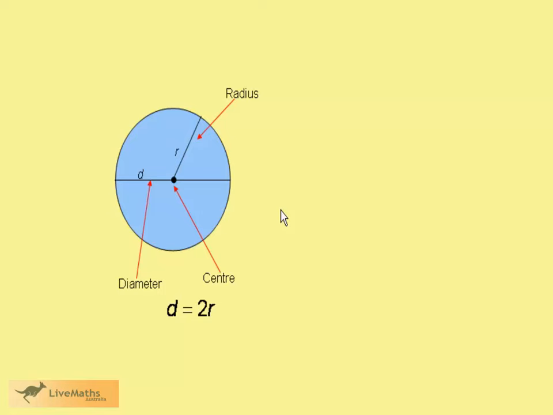An important feature of a circle is that all radii are of equal length. The distance from the center to the edge anywhere around the circle is the same. So all of these radii are equal in length.